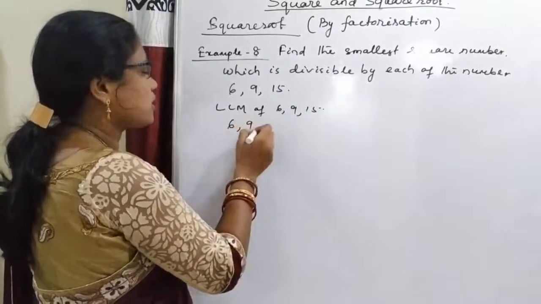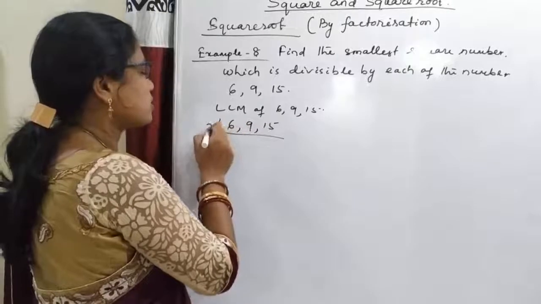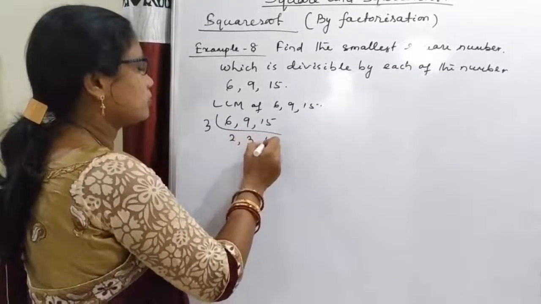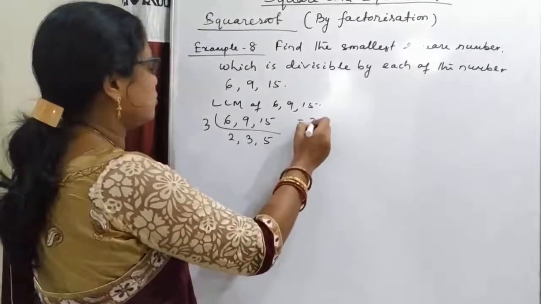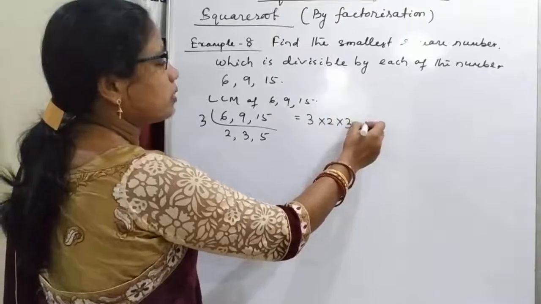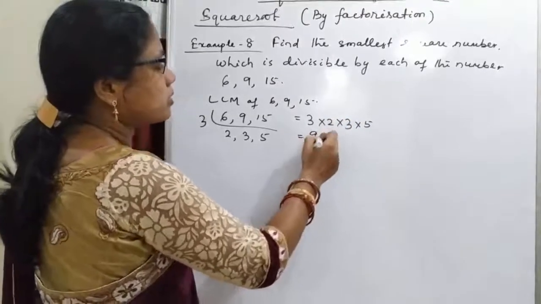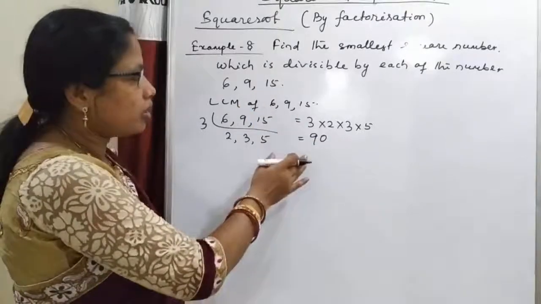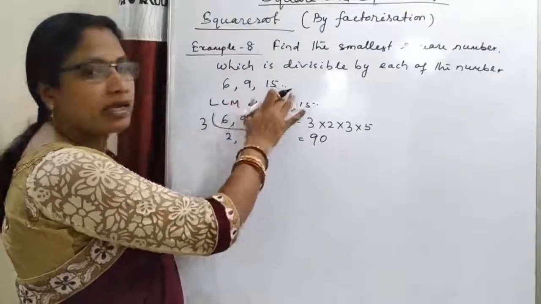So we have to factorize 6, 9, 15. So LCM is equal to 3 multiplied with 2 multiplied with 3 multiplied with 5. So this is equal to 90. So 90 is the smallest number which is divisible by 6, 9 and 15.